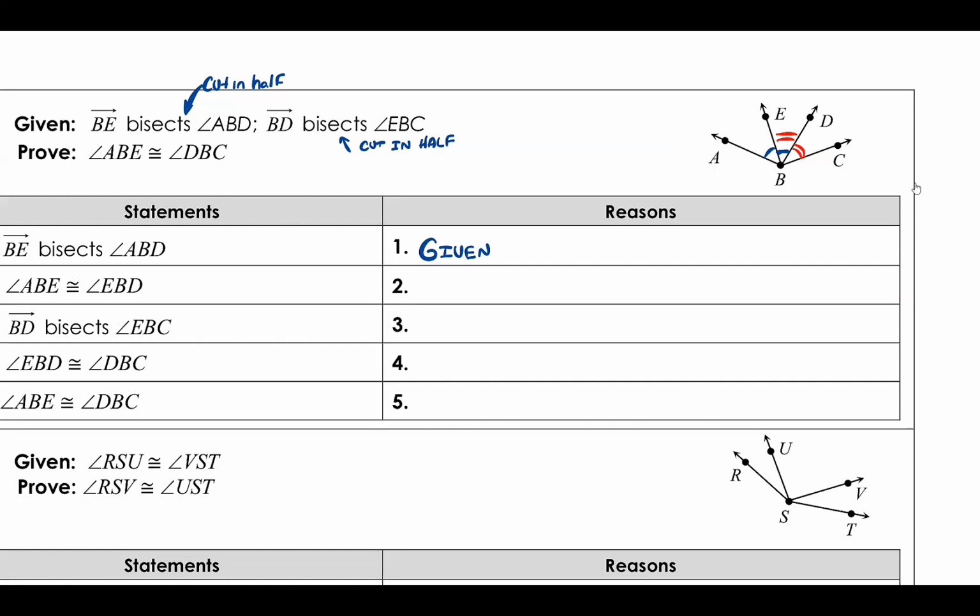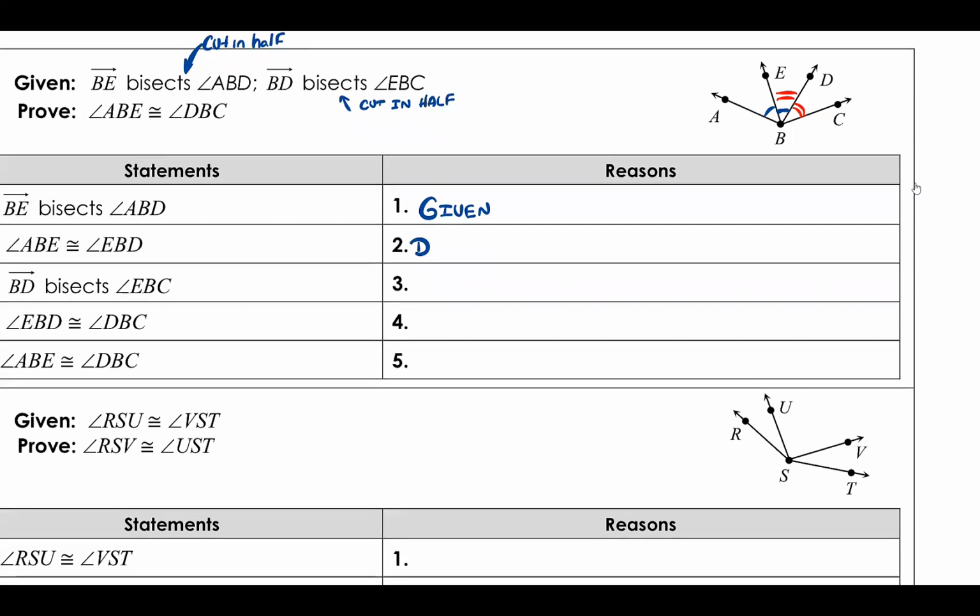No, so that would be equal to congruent. The bisector. So because it's a bisector, it cuts it in half. Definition of a bisector. Absolutely. Definition of an angle bisector.